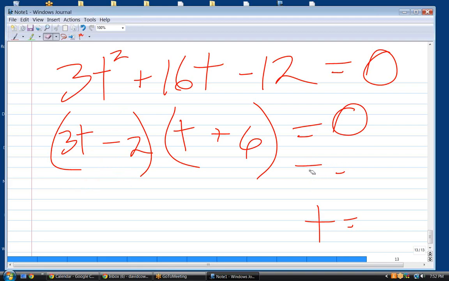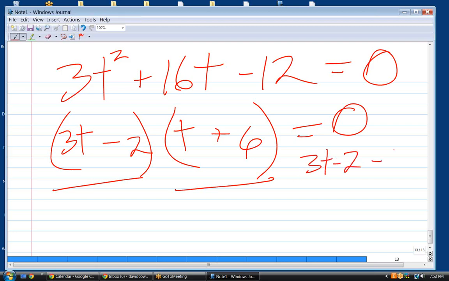Remember the theorem in algebra says if I have two things multiplied together equal to 0, set both of them equal to 0. So I'm going to set 3t minus 2 equal to 0. Now solve that.